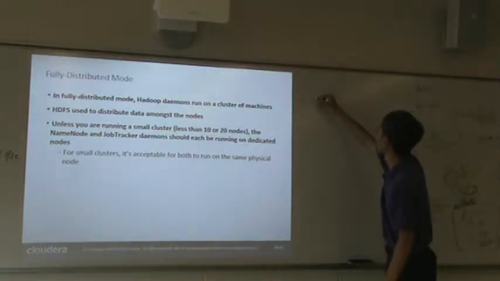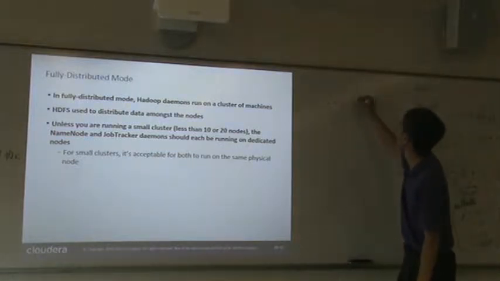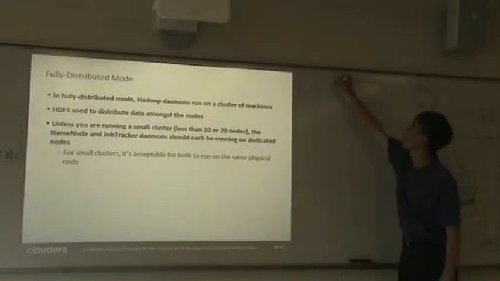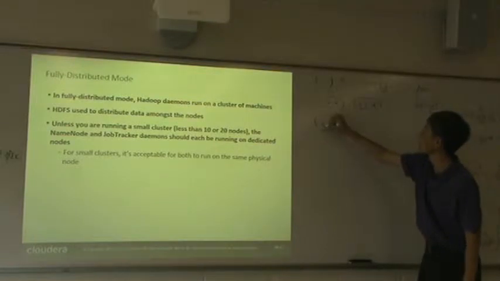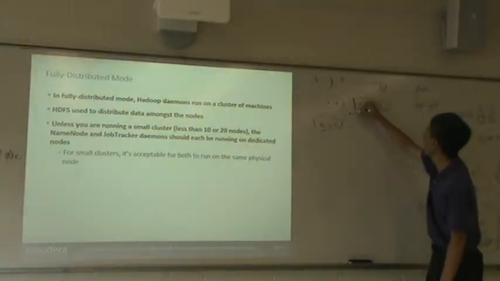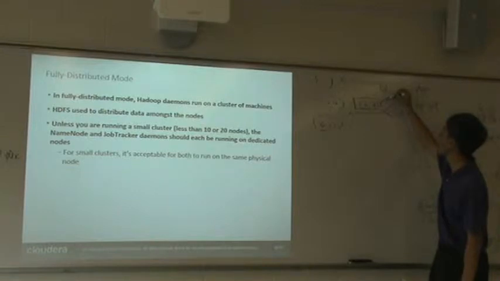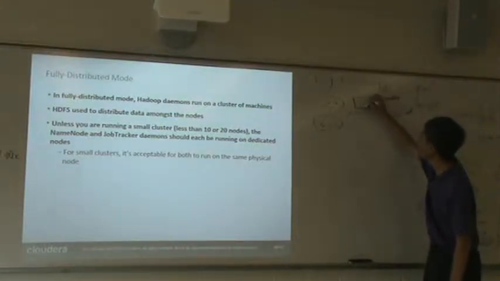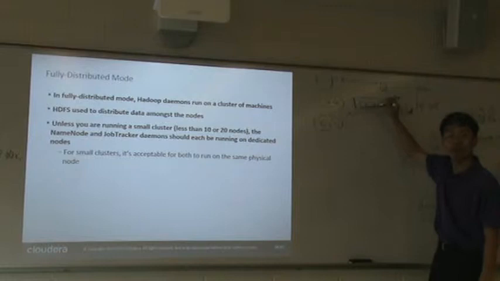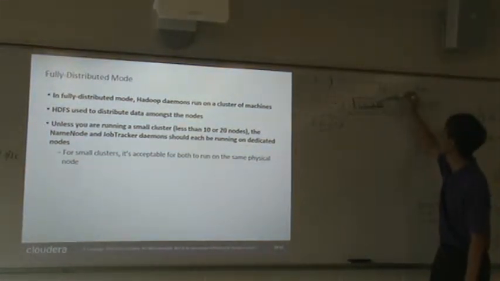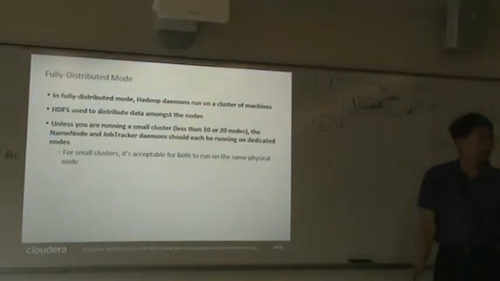So we have computers 1, 2, 3, and this is for the GA, and we have similar ones. This will form one cluster of 3 computers. One of them will be the master node, and all 3 computers will act as data nodes. So one of the computers will be the master node as well as a data node.